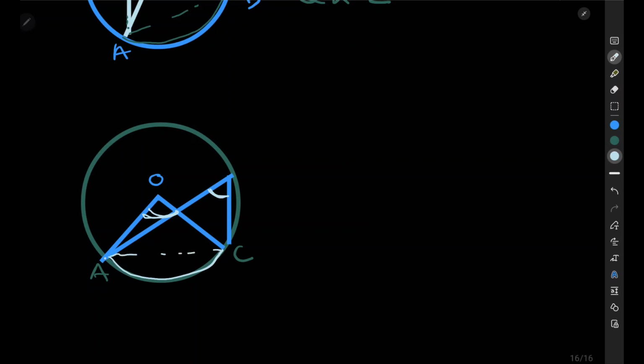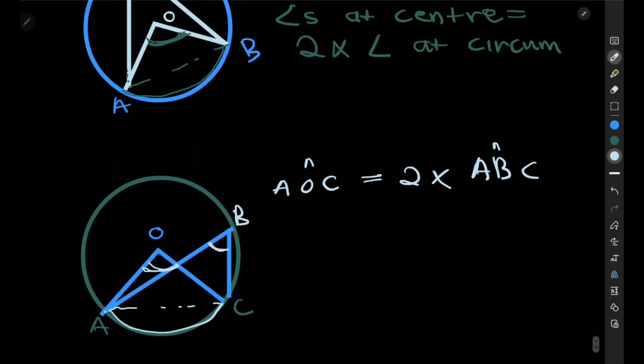It means that angle AOC will be equal to 2 times the angle at the circumference. Let's say this was B, so ABC. It will be 2 times the angle at the circumference, which is ABC.